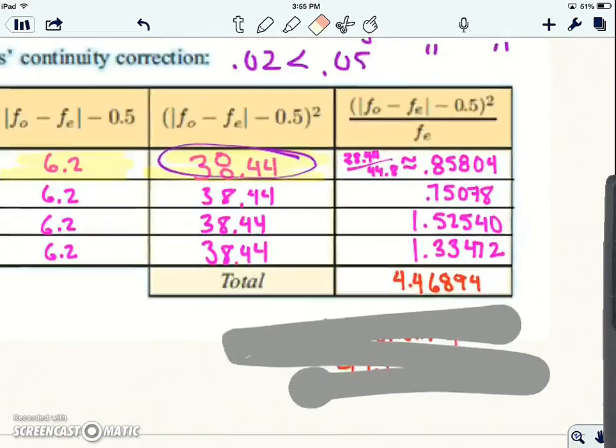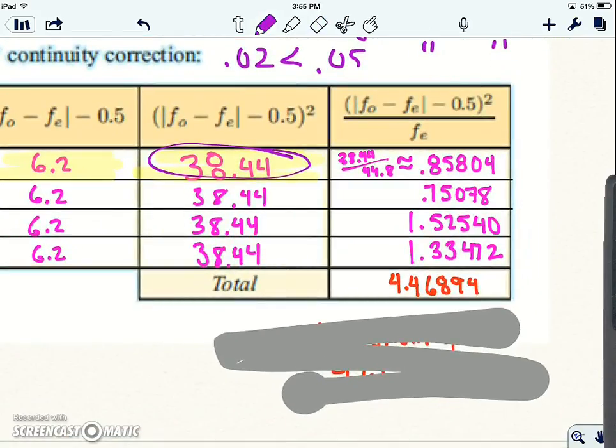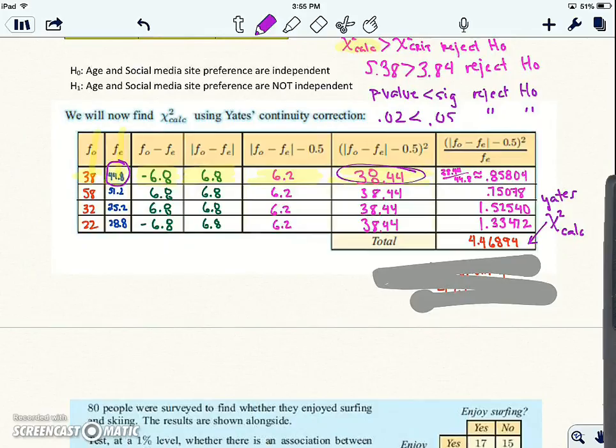And notice that my new chi-squared value, this is my Yates, and I'm sorry, I still have a bad stylus. My Yates calc is that. So it's the one that's been corrected, and it's supposed to be a little more accurate. It's saying the difference between what we observe and expect is just a little smaller.